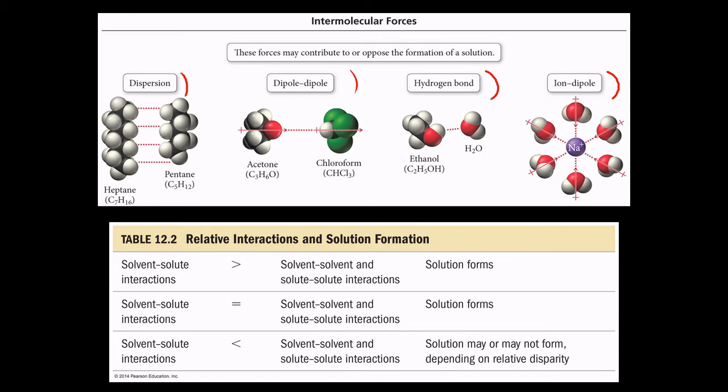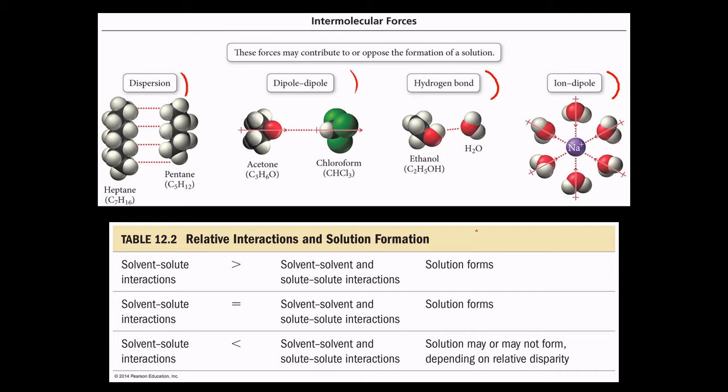So the general rule here, which I kind of hinted at a second ago, is that if the interaction between the solvent and solute is stronger than the interaction between the solvents and the interaction between the solutes, then the solution is going to form. And really with no exceptions there, because for our purposes, entropy is always going to be in favor of solutions mixing.